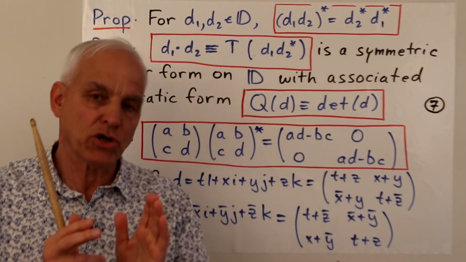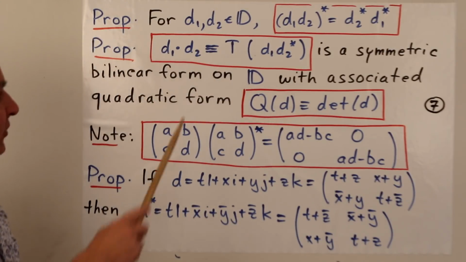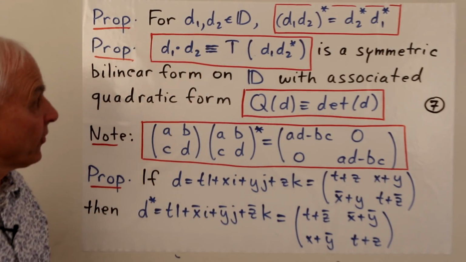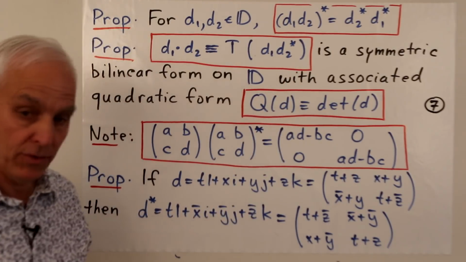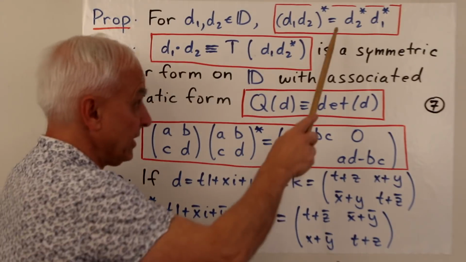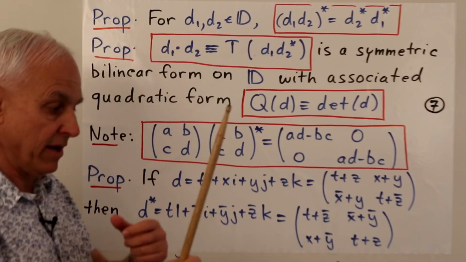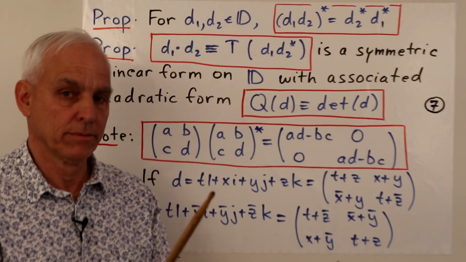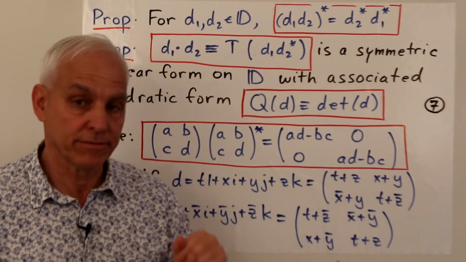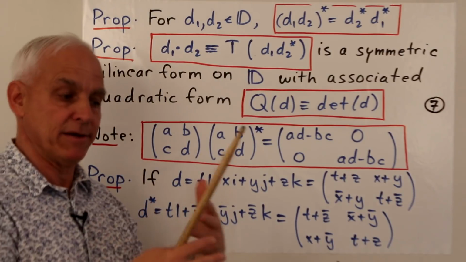So the adjugate has a number of important properties. For dihedrons D1 and D2, the adjugate of D1 times D2 is D2 star times D1 star. So it's the product of the adjugates, but in the reverse order. That's something that you can check. And this proposition captures what we've basically just figured out.